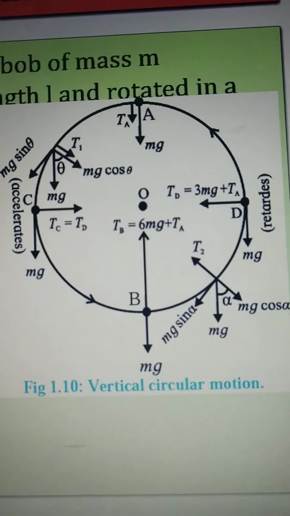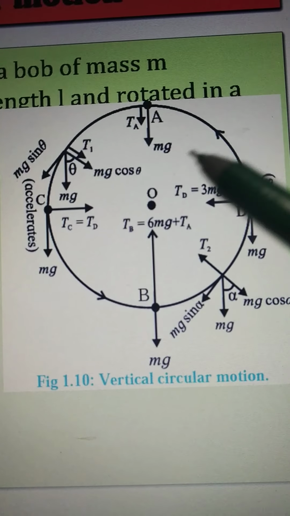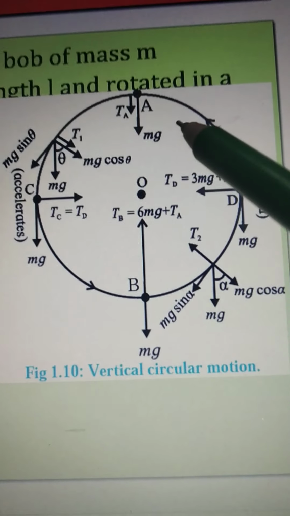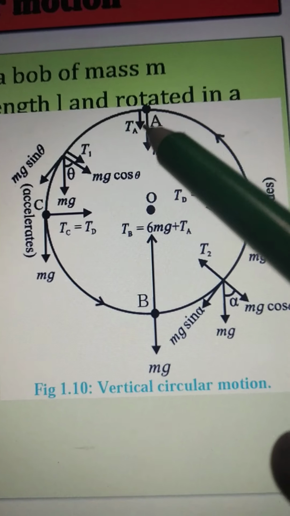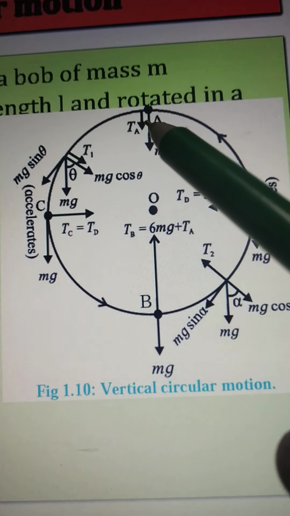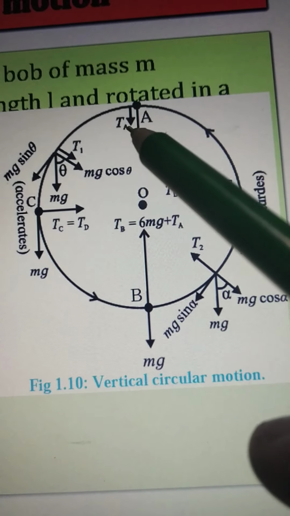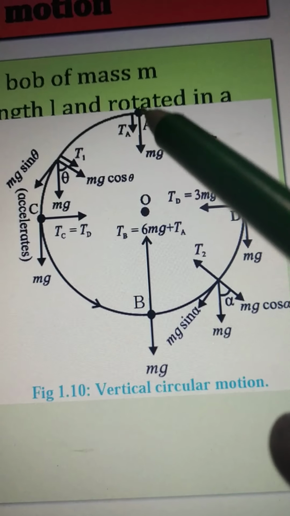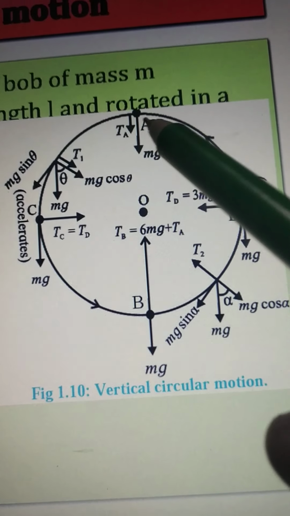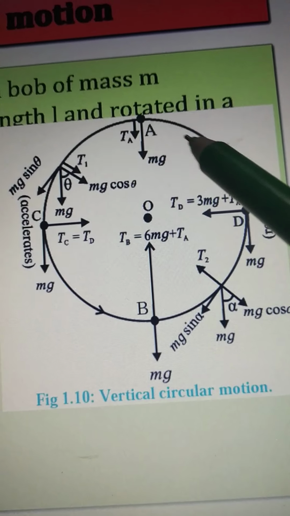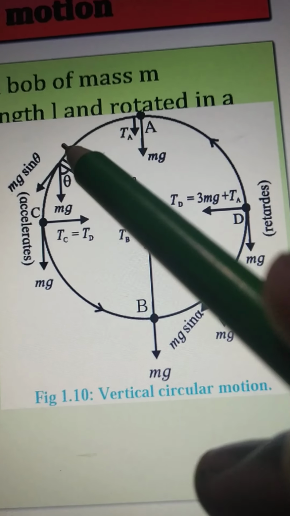Again let us see the figure. In this figure, this is A, the highermost or uppermost position. In this condition TA, the tension, acts in the downward direction, as the mass tied to a string circulates in vertical motion.